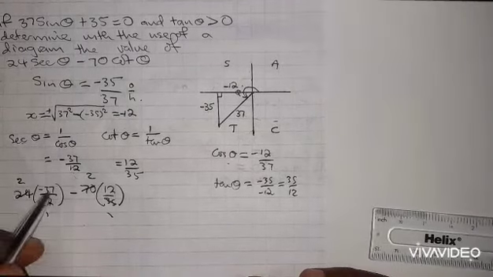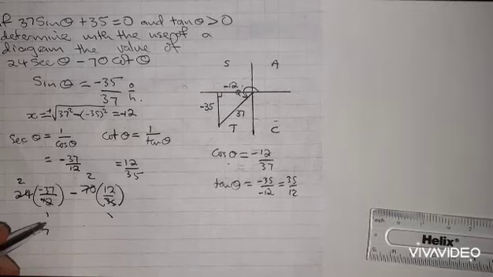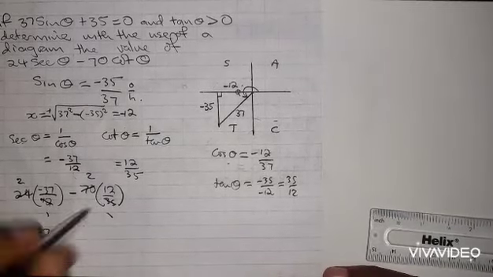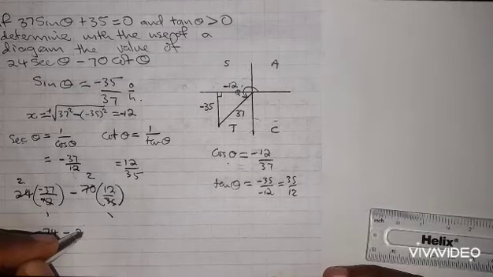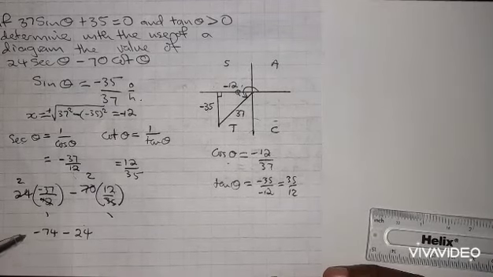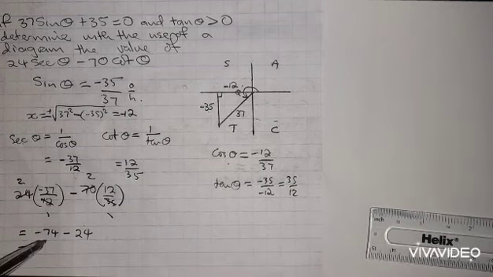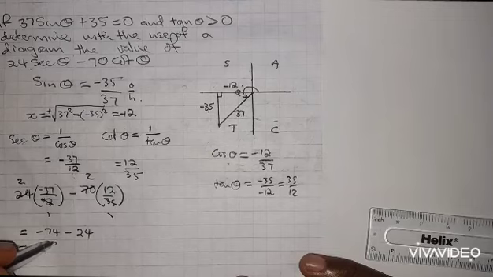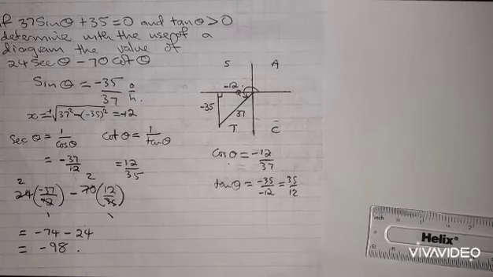So it's 2 times this, it's negative 74, and 2 times that is minus 24. So this is going to be equal to what? Negative 98. This is how we do it. Enjoy.